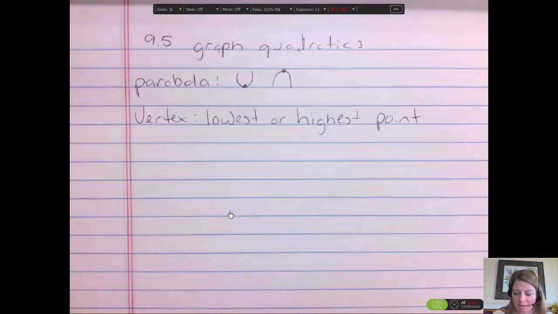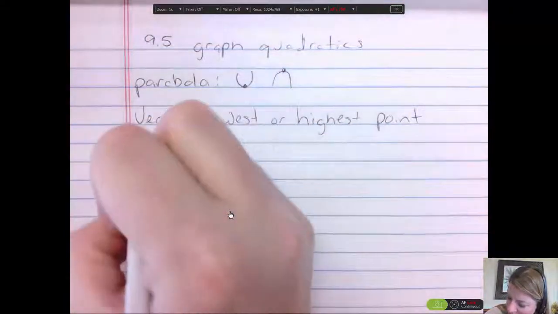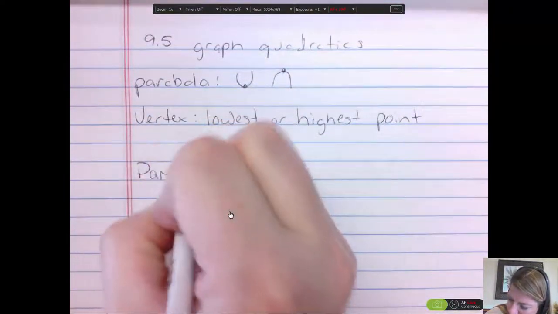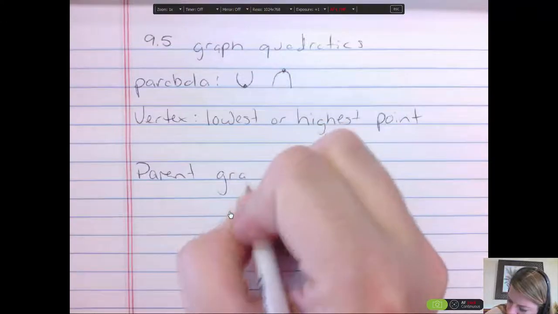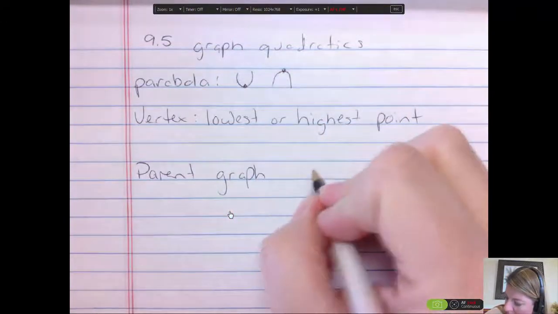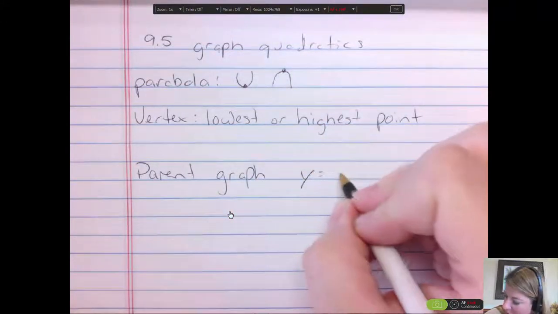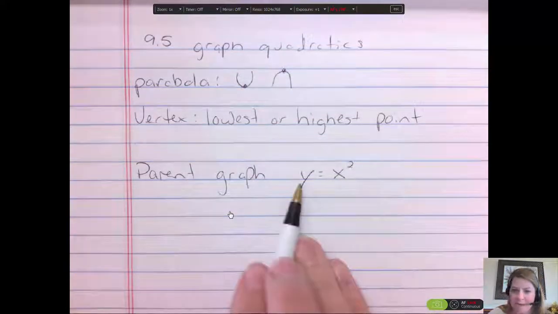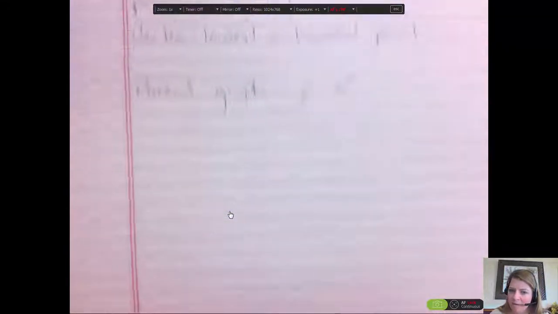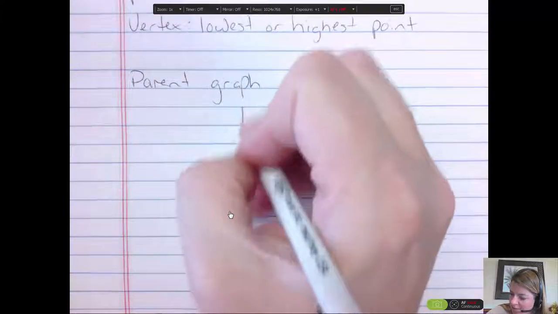The general idea is that we look at the parent graph, which is either y or f of x equals x squared. So the parent graph is just, what does this generally look like?